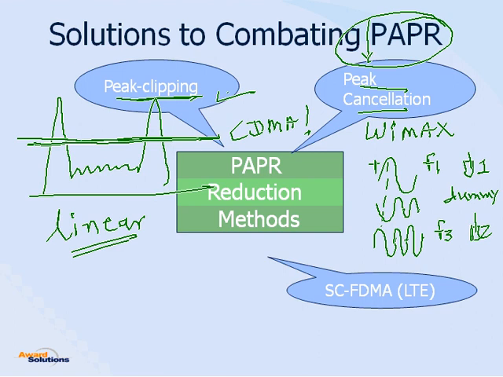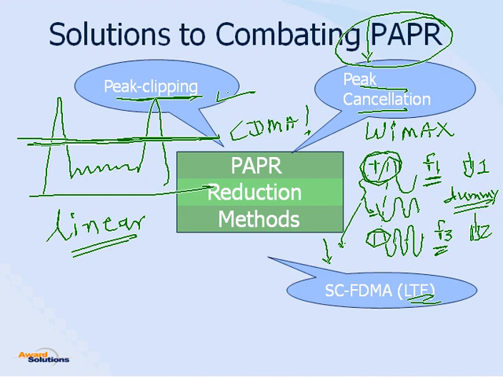So this plus and this minus will cancel out, and because of that it will reduce the peak power. So basically, peak cancellation involves transmission of some dummy subcarriers with dummy signals, such that a part of that signal will cancel out part of the true subcarriers carrying data. So in terms of the overall transmitted signal, we do not need a very high peak to average power ratio. The peak power and average power will come close.